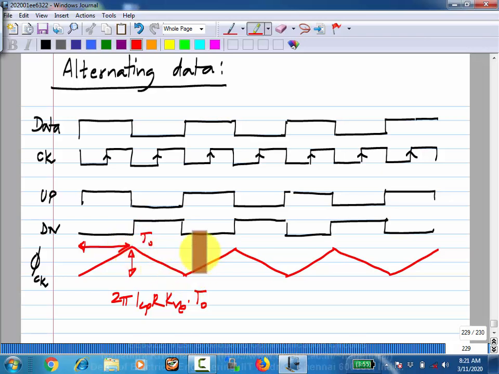So now the phase of the data, or 0, must be here. We assume that the data has no jitter. So essentially at this point the clock is leading the data, here the clock is lagging the data, etc. Is this fine? That's what we have assumed. Let's see if this solution is really possible.